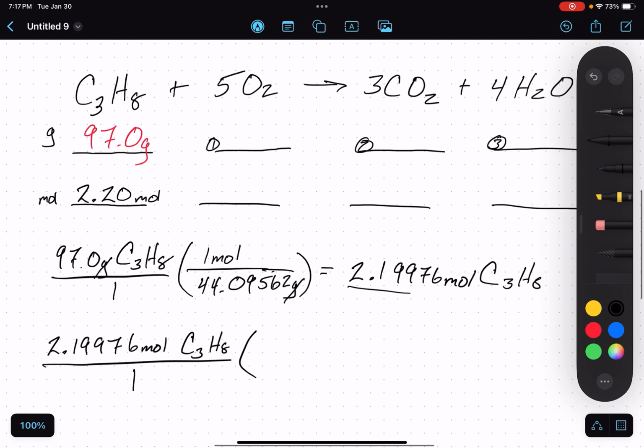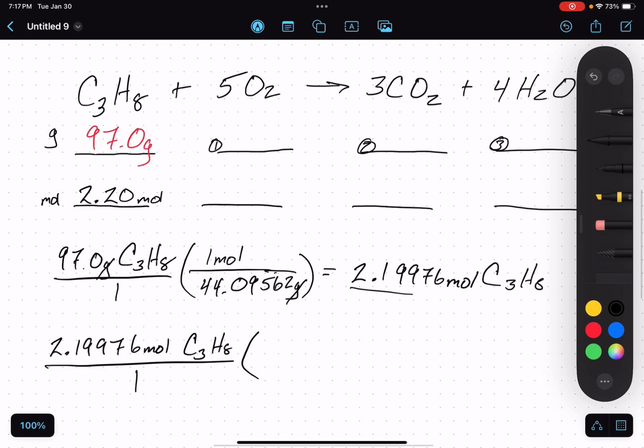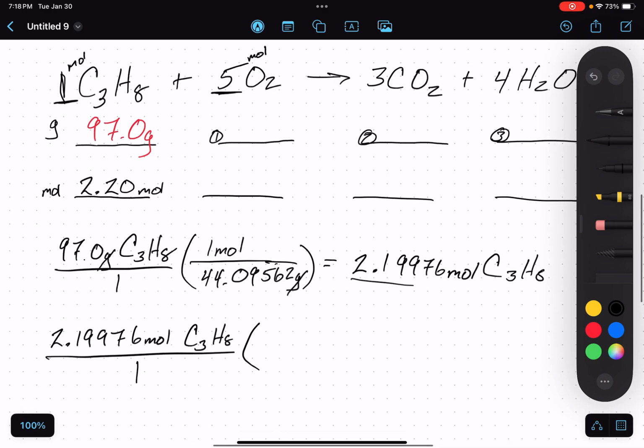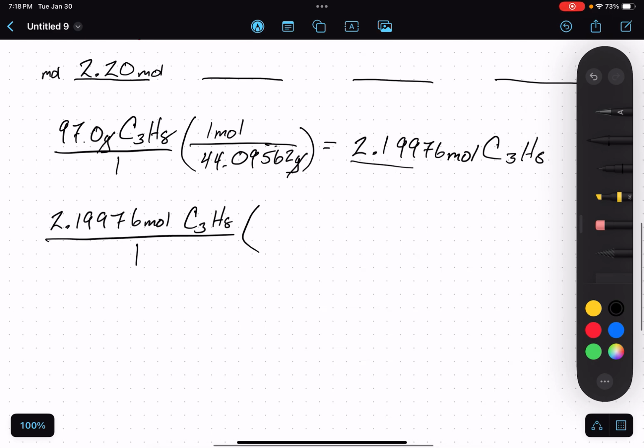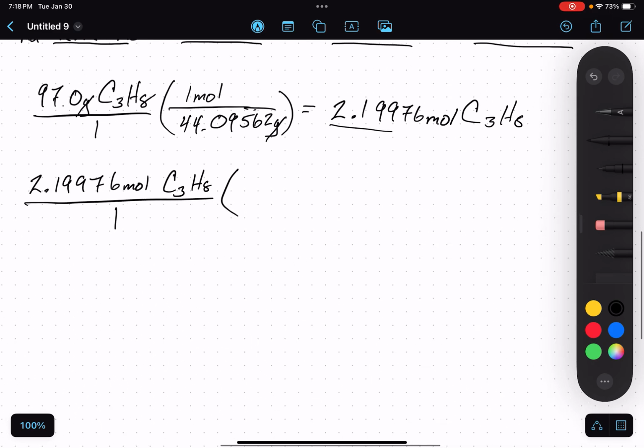And now I'm going to use the ratios here. So this is technically a 1, and I have 5. So it's 1 mole of propane to 5 moles of oxygen. Since I got propane on top, I need to put propane on the bottom.